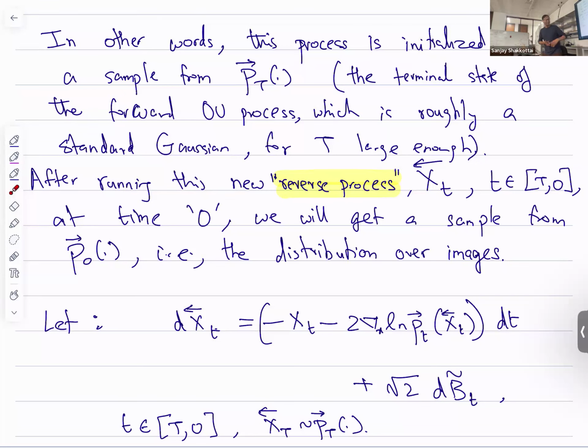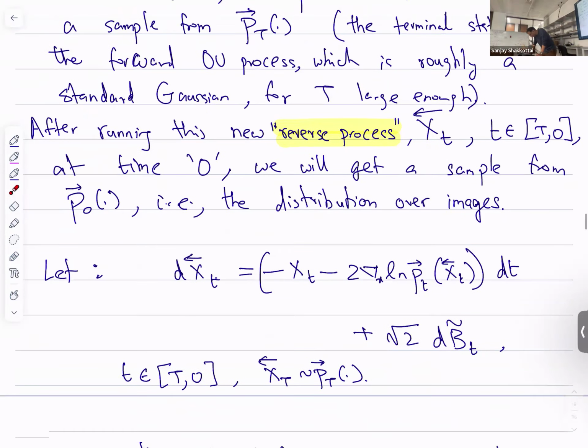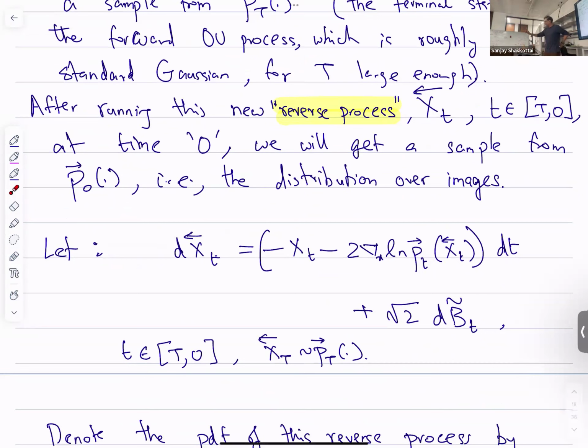Why is this the right thing to do? It will be obvious in another 15 minutes. Right now it looks a little mysterious, this grad log p, but let's just work with it and we'll come back. I'm running time backwards, which is another weird thing. I'm going to turn the time around in a minute.